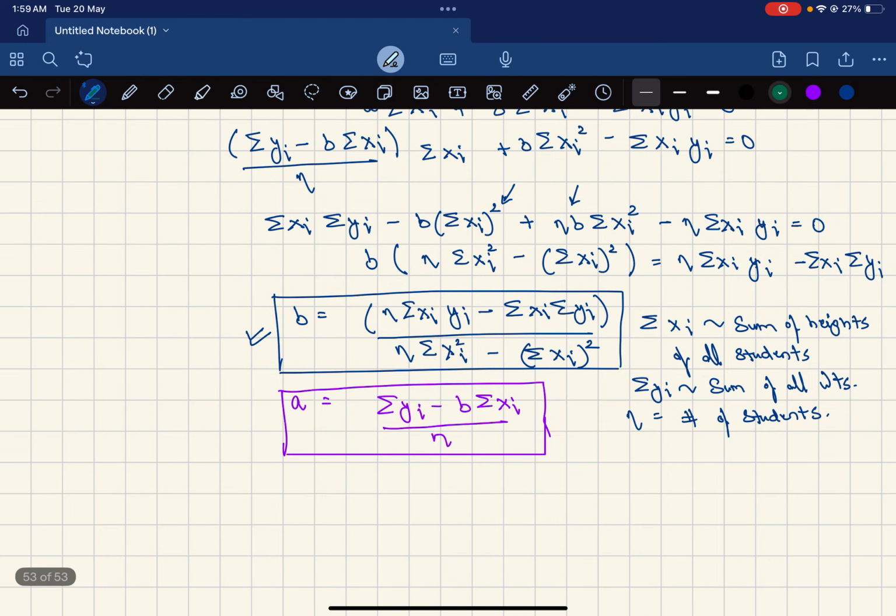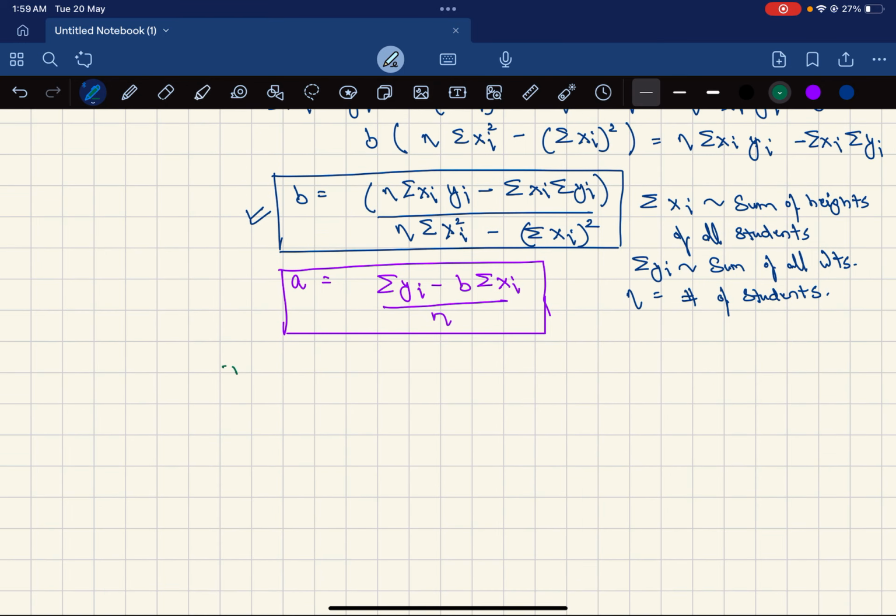And once we have done that, the equation for the best fit line based on the OLS ordinary least square method is given as y equal to a plus bx.